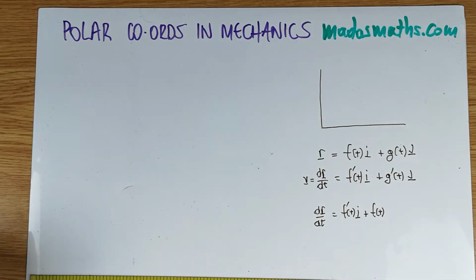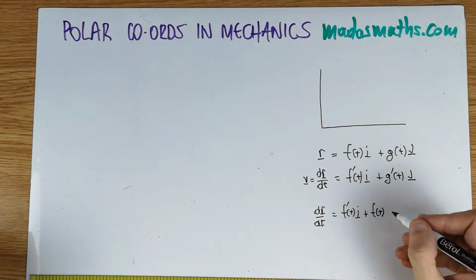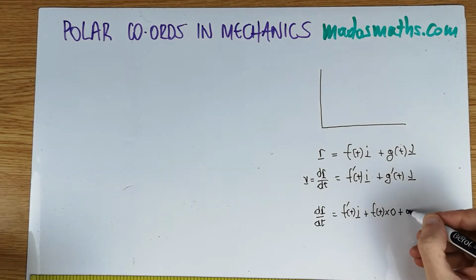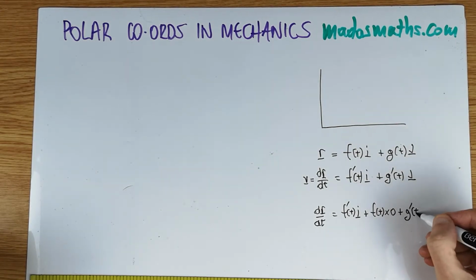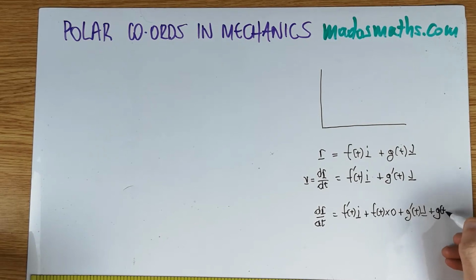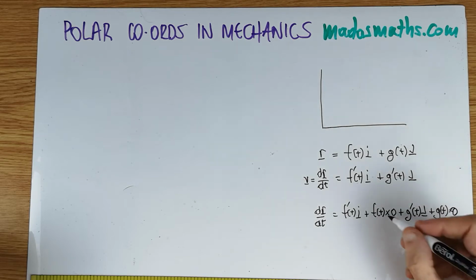Your i is a constant vector. It doesn't change. So on differentiation, it differentiates to 0. And similarly, you come to another product, g dash of t in the j direction, plus leave your g of t alone. But of course, the j on differentiation with respect to time will give you 0.